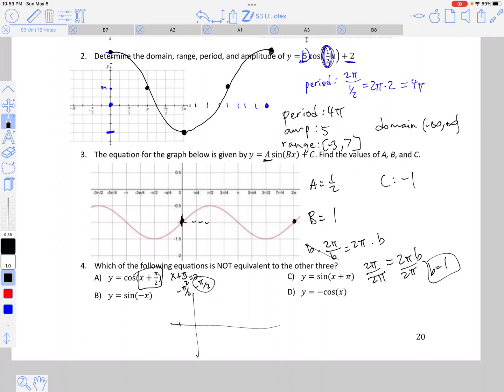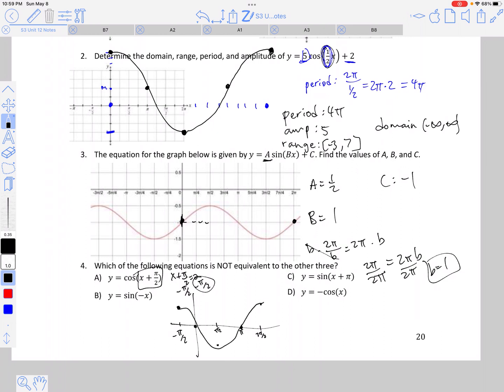So cosine will start here at negative pi halves, boom, and be at 1, and then at 0, and then at pi halves, it'll be at negative 1, and then at pi, it'll be at 0, and then at 3 pi halves, it'll be at 1.